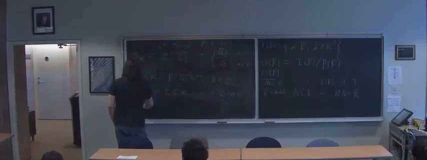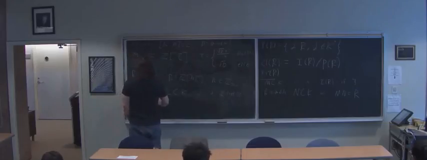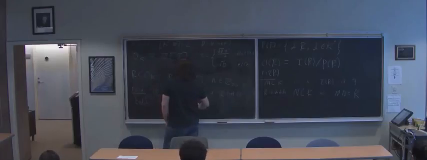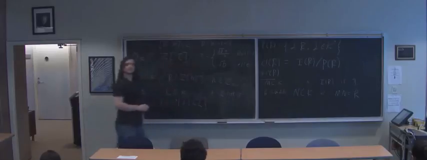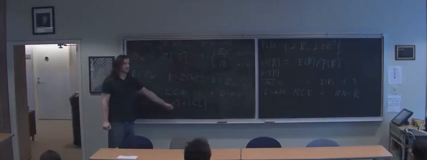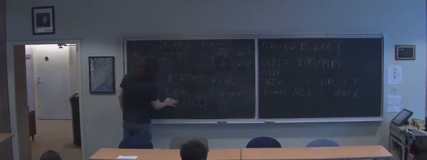Then we can define End of L to be the set of alpha in K star where alpha times L is inside L. So it's just the endomorphisms of L that you get by multiplying by elements of K. Sorry, alpha in K. There's no star this time.